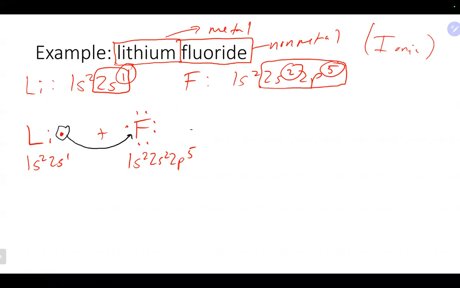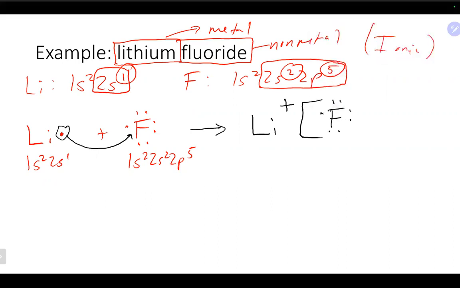Lithium has now lost an electron, and at this point it becomes positively charged because it lost an electron. The fluorine started with 7 electrons, and it picks up that 1 electron from the lithium and now gains a negative charge.